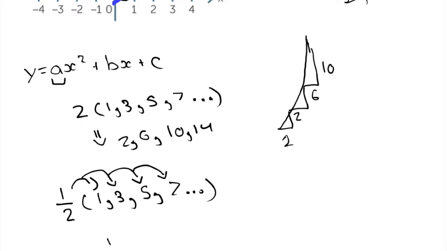So you would get 1 over 2, 3... Sorry, no. Hold on, I made a mistake here. It'd be 3 over 2 and 5 over 2 and 7 over 2, right? So it'd be the same thing.